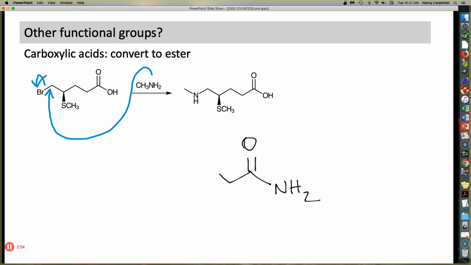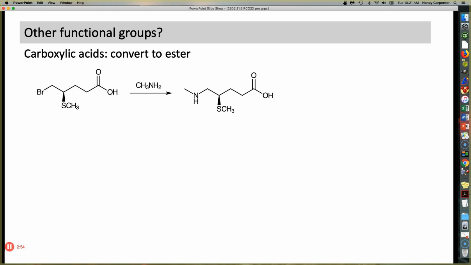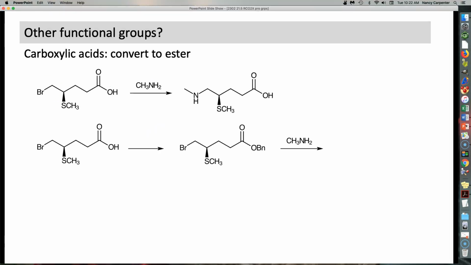Okay, we know that's not going to work. Why is it not going to work? Because the only thing that crazy amine is going to do is deprotonate my carboxylic acid. So if I wanted to actually go and do an SN2 on the carbon bearing the bromine, well, I'm going to have to figure out a way to protect the carboxylic acid temporarily in a high yielding reaction.